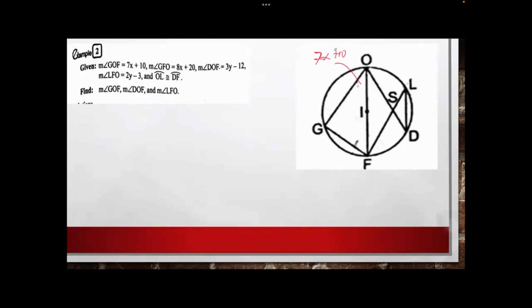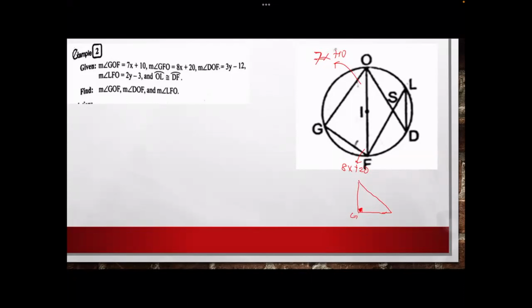Then, GFO, here naman siya. This is 8x plus 20. Later na yung DOF. So, let us solve for our x first. This is part of the triangle. So, if we draw our triangle like this, this is the letter G, which is a right angle.